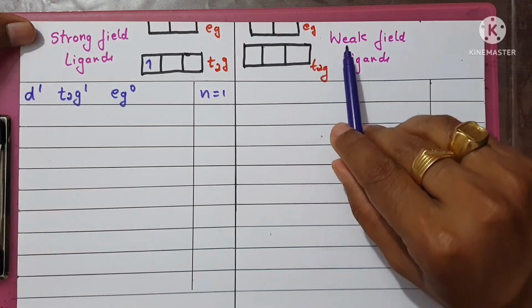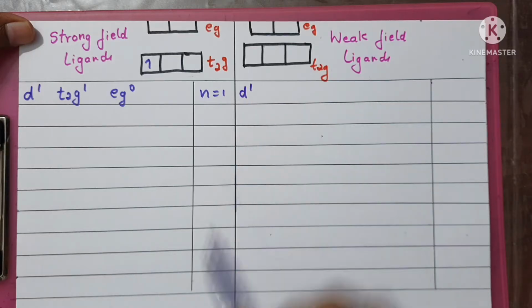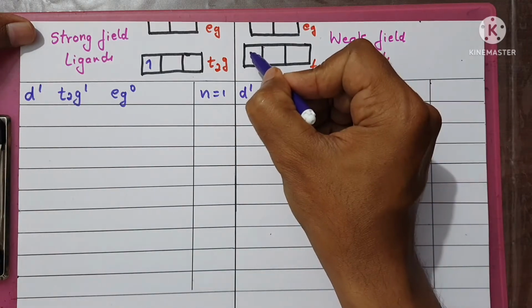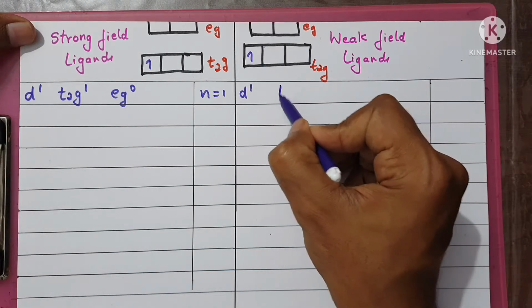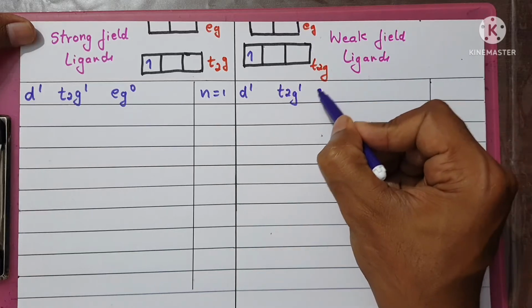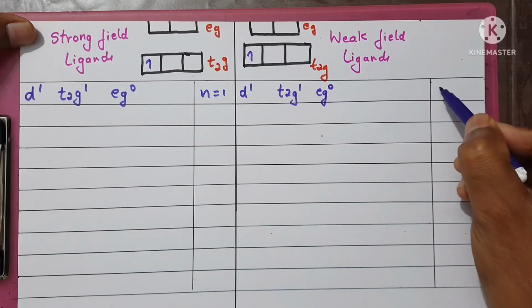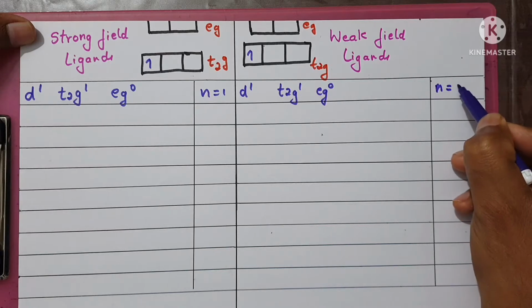You can observe here, whenever a weak field ligand is there, I'll take the next one. That is the same configuration of d1. The first electron will enter the t2g set. Therefore, that is t2g1, eg0. The number of unpaired electrons is 1.